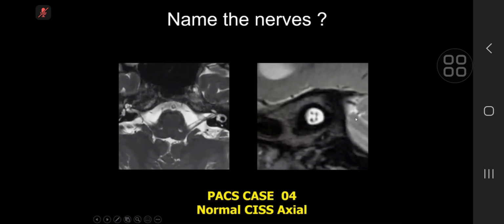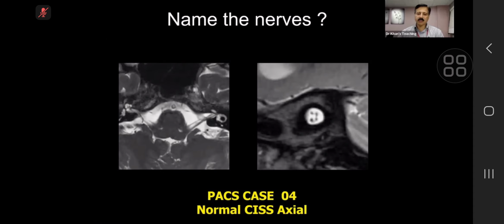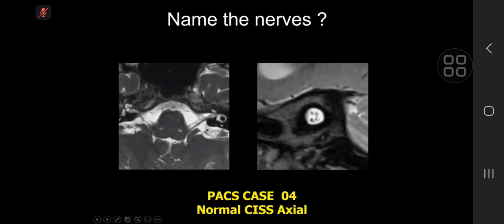This is the cerebellum. This is the IAM, and you can see 4 dots. Candidate 4, you tell me, which nerve is this? That's the 7th nerve, one. That's the cochlear nerve. And this one? The 2 behind are the superior and inferior vestibular nerves. Excellent. And you can see the same here.